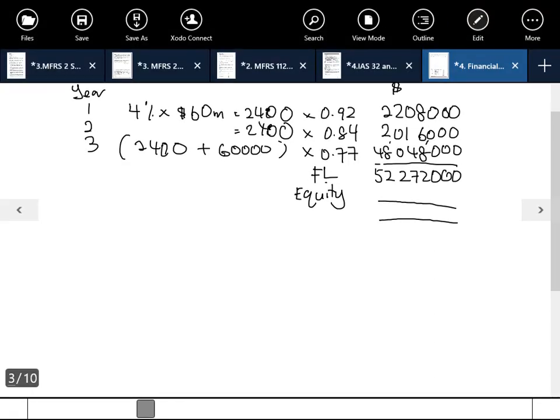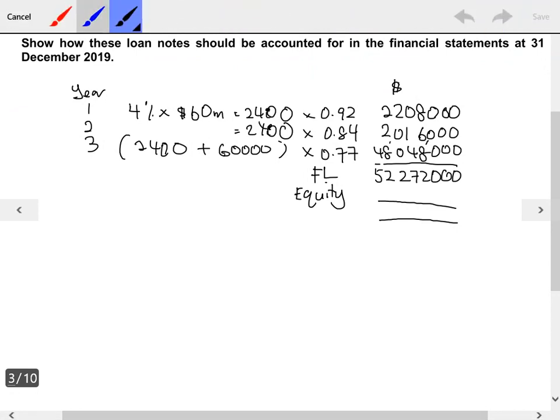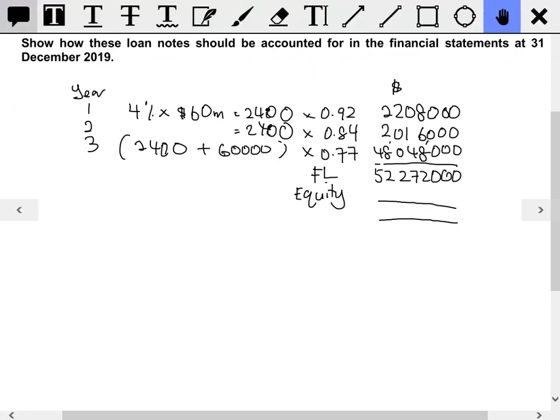Given here, a similar non-convertible loan will be 9%. We take it as the effective rate.